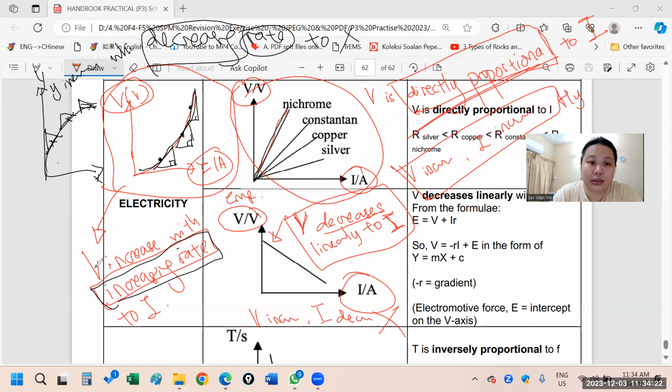For the relationship, if they say from the graph, you need to tell directly: decreases linearly, or increases with increasing rate to I. Okay.